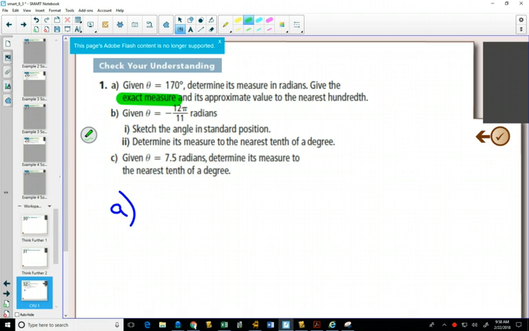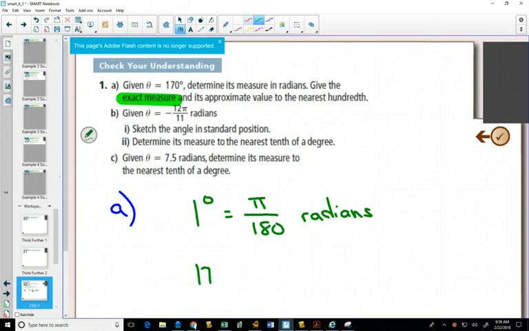So in A here, if we want to convert 170 degrees to radians, we know that 1 degree is equal to pi over 180 radians. And so to calculate 170 degrees, you would have to multiply both sides by 170.